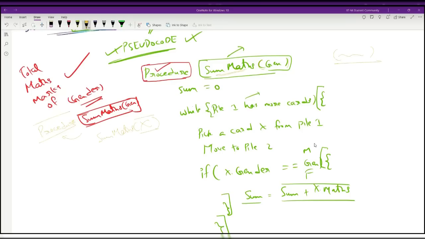Then the word procedure will be missing, and you need to interpret yourself that there is a brace here. These braces indicate that these lines of code are a procedure. Is this tip helpful for you? Yes, sir.